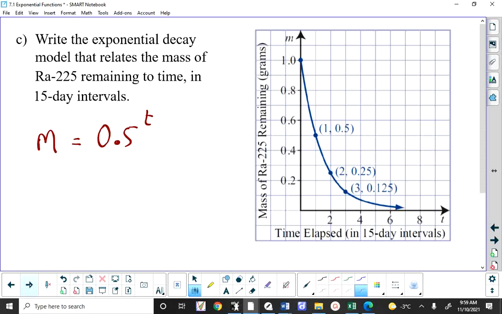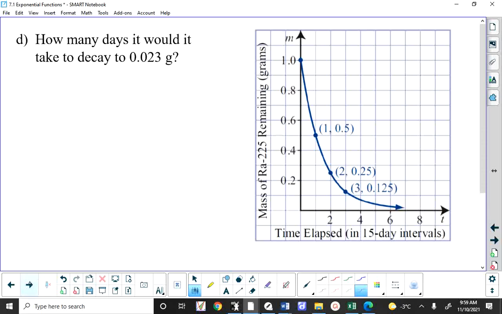Now, you want to be careful here. T is not actually time, is it? Well, it's not time in days. It's 15-day intervals. So when t is 2, it's 30 days. You don't know how to handle this if we put days yet. We're going to learn that on Monday.